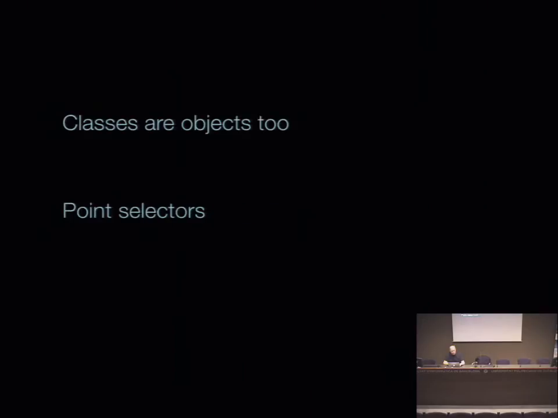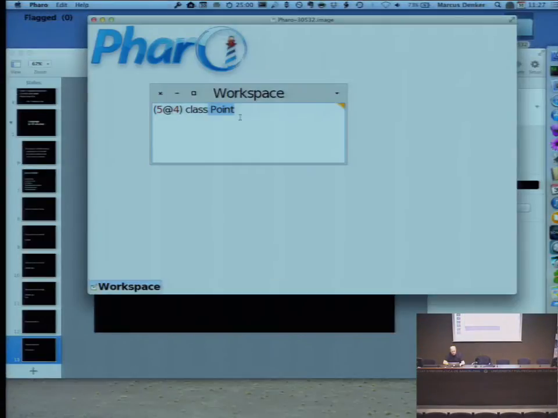Then one thing that is interesting is that classes are objects too. As opposed to other languages where you have their text, in this language, a class is an object directly. So if we go back to our demo, we can, for example, say, point as a class is an object. Directly in the system, I can print it, and it prints back its name.